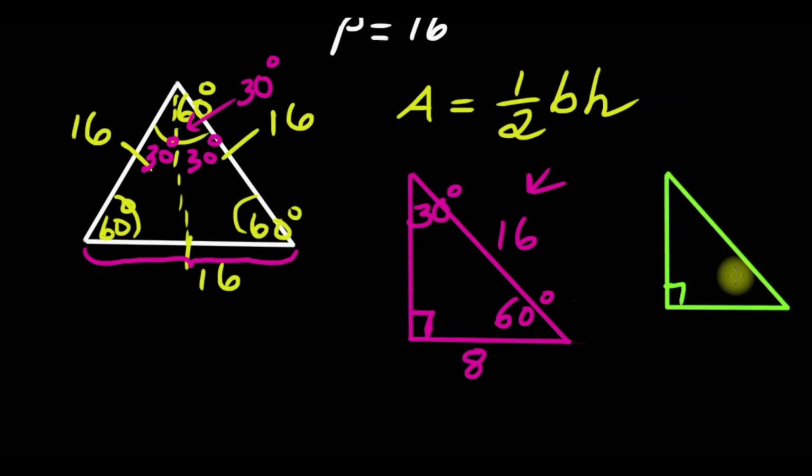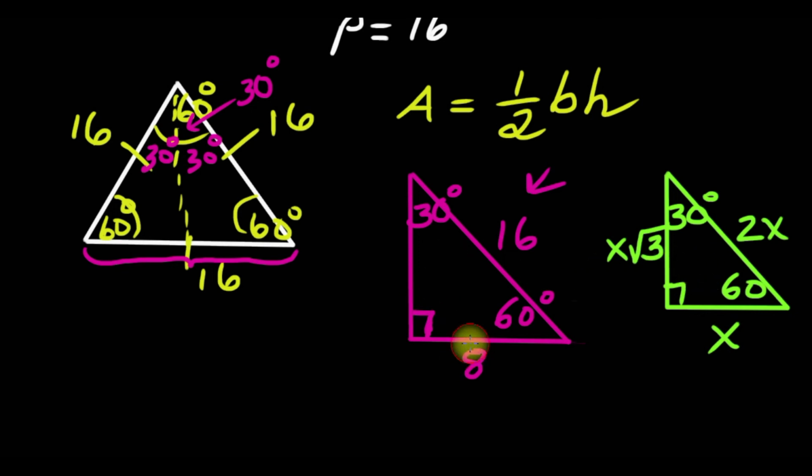So a model for a 30, 60, 90 degree triangle is going to be like this. The side that's opposite from the 30 degrees, if we call it X, the side that's opposite from the 60 is going to be X times square root of 3. And then the hypotenuse is double the side that is opposite from the 30 degrees.